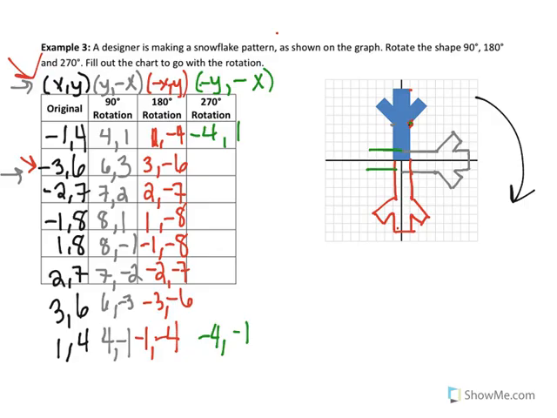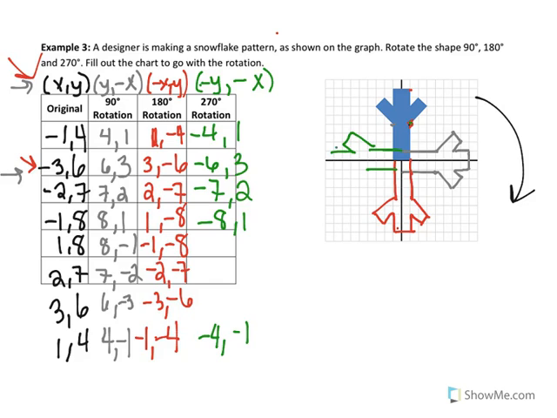So we're going to flip it. So it's going to be -6 and +3. So -6, +3, which is right there. -7, +2, -8, +1.